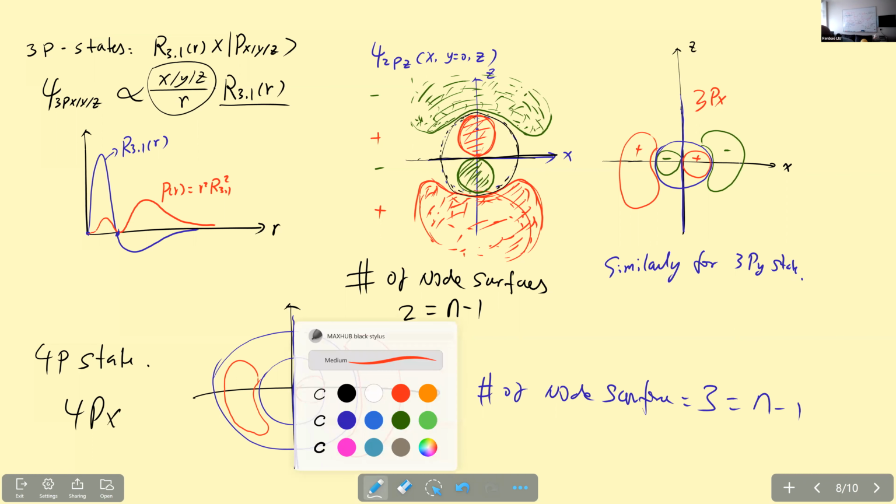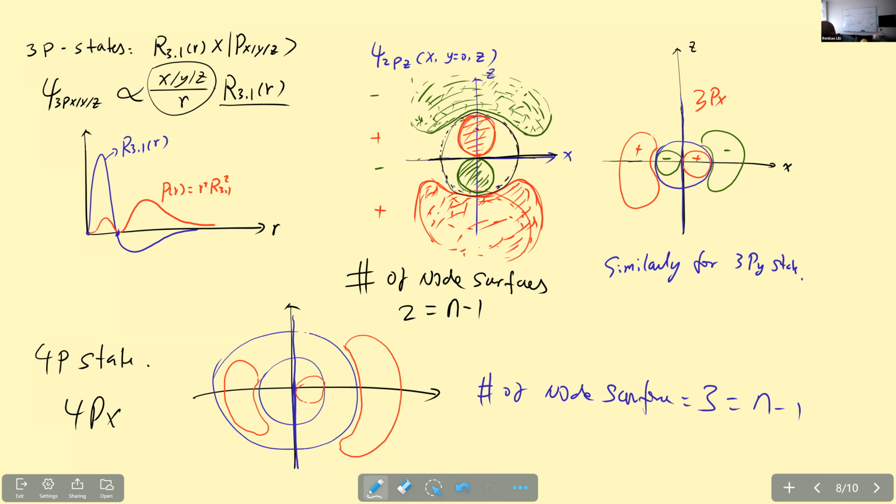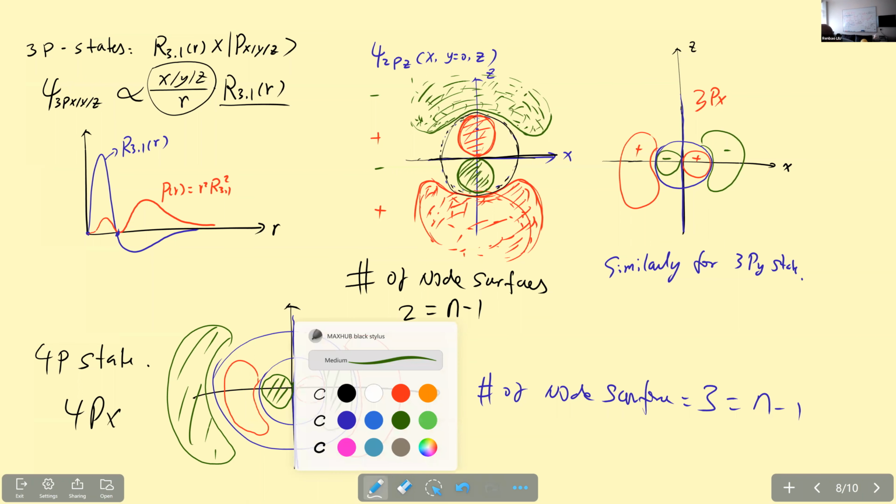So that's the positive part, but you can also have the negative part. Okay, so this is the negative part, and this is the positive part.